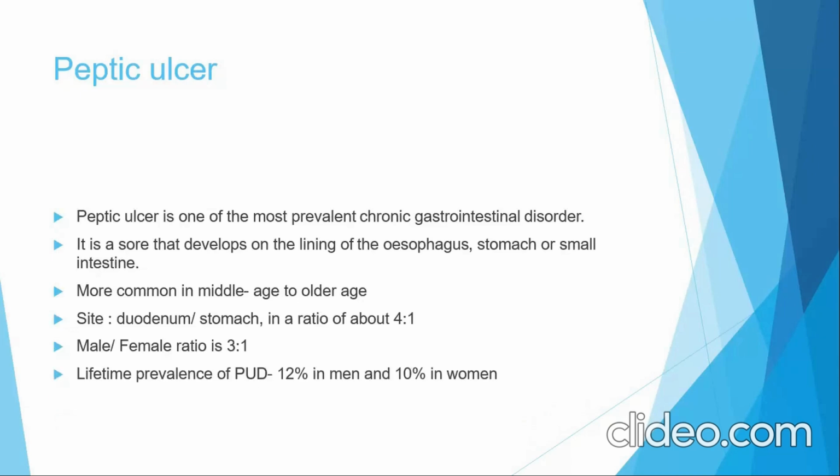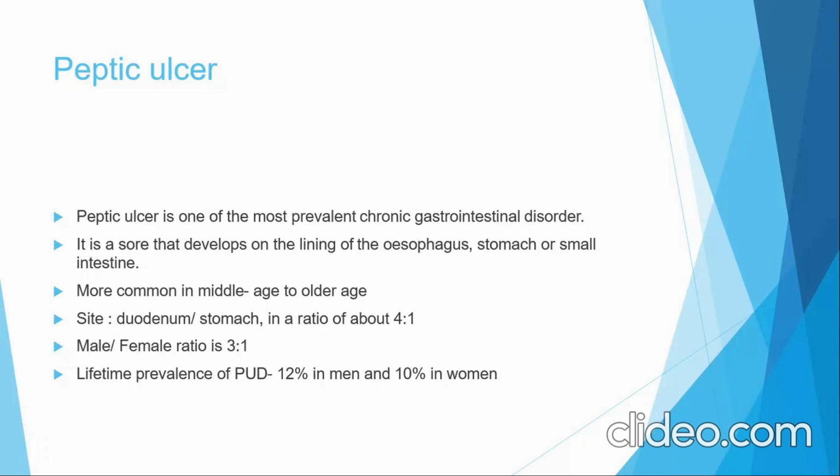What is a peptic ulcer? It is one of the most prevalent chronic gastrointestinal disorders. It is a sore that develops on the lining of the esophagus, stomach, or small intestine. It is more common in middle to older age. The site may be nearer to the duodenum or in the stomach, and the ratio of duodenal to stomach ulcer is 4:1.